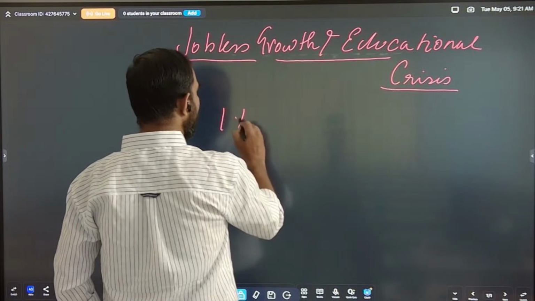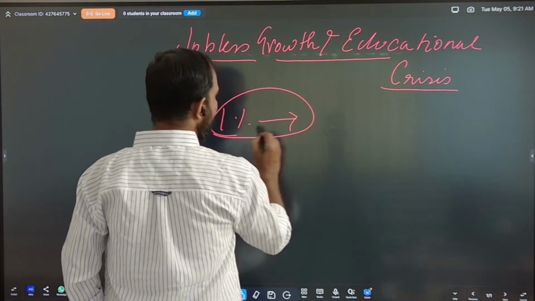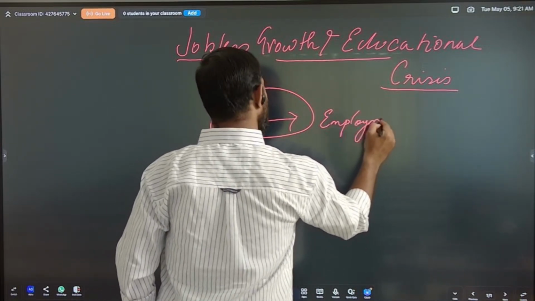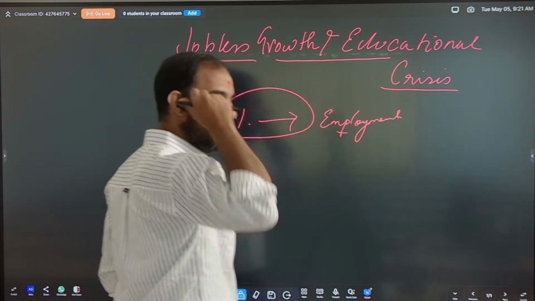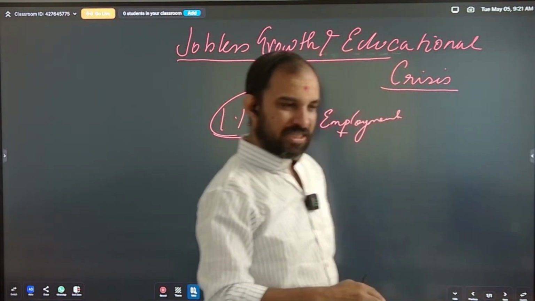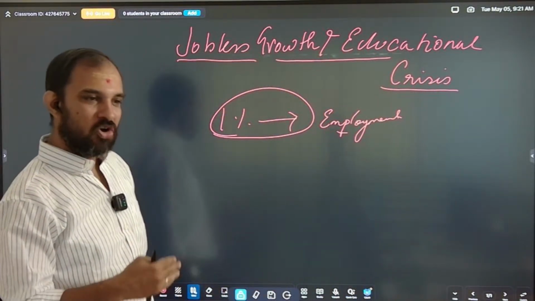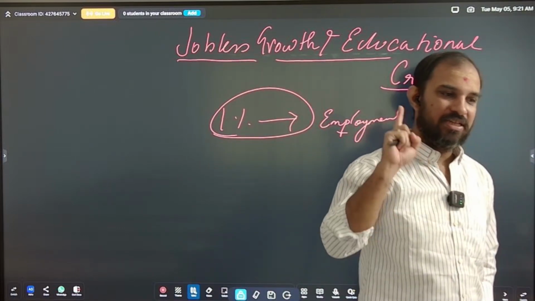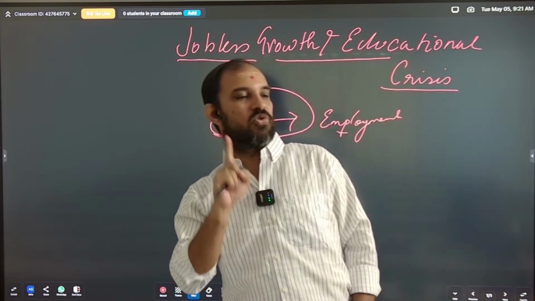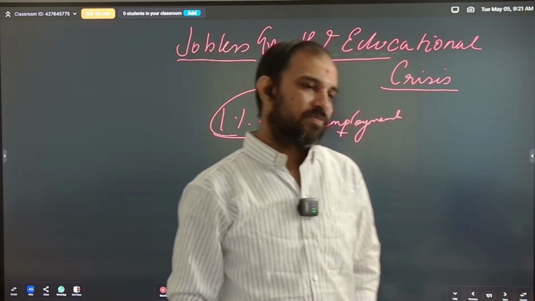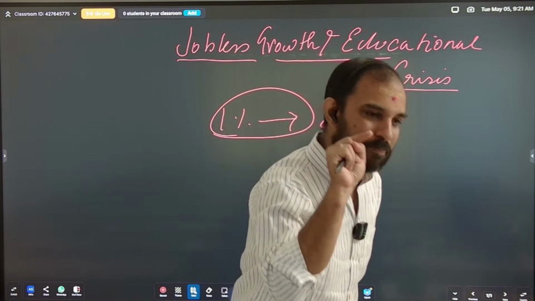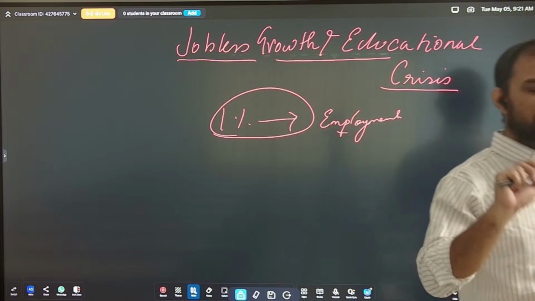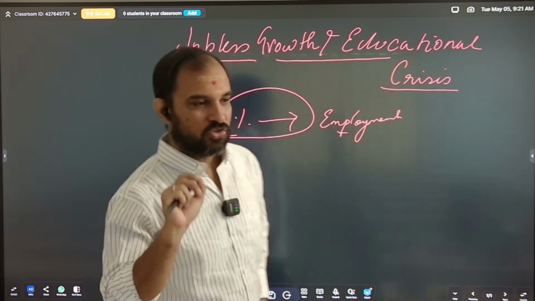Mane GDP, if it is increasing by 1%, it has to lead to 1% rise in employment. Otherwise, there is a mismatch in the growth and employment statistics. So when such a condition happens, we call it as jobless growth. For every 1% rise in GDP, there has to be a commensurate growth of 1% in employment. So if that doesn't happen, we call such a scenario as jobless growth.